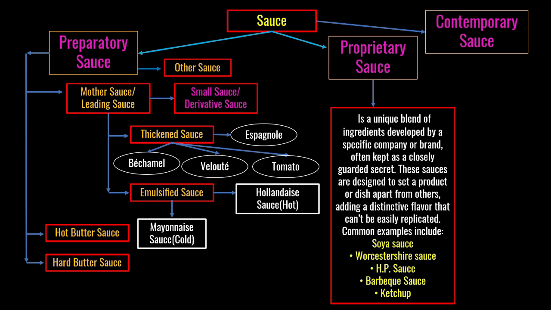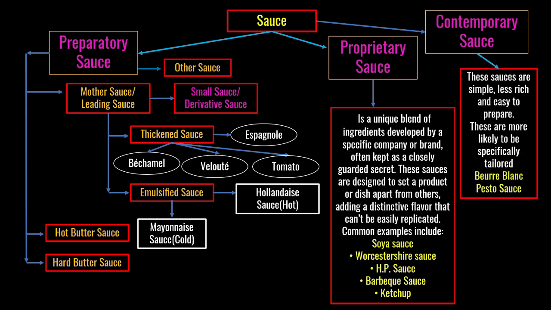Then what is contemporary sauce? Contemporary sauce is very simple. These sauces are simple, less rich, and easy to prepare. These are more likely to be specifically tailor-made sauces, and they are the most modern-day sauces. They are not following the strict guidelines of making the other traditional sauces.